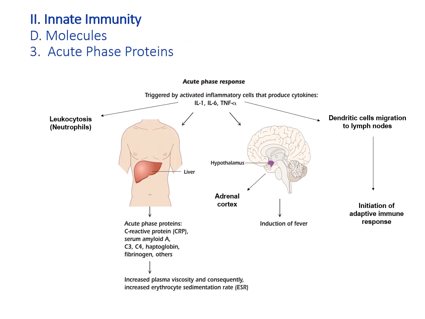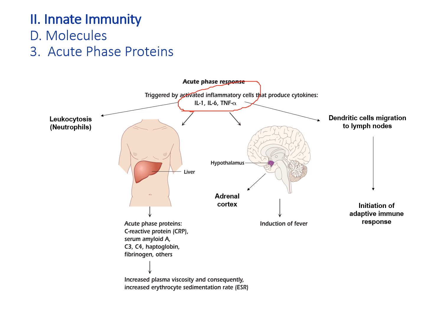This slide shows us the acute phase response stimulated by cytokines produced by innate immune cells. Within minutes after injury, the inflammatory process begins with activation of innate immune cells by microbes. This leads to the release of these pro-inflammatory cytokines: interleukin-1, interleukin-6, and TNF-alpha, or tumor necrosis factor alpha.